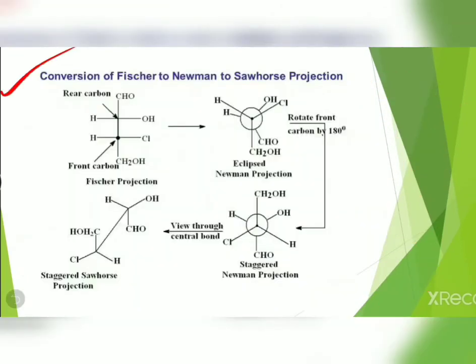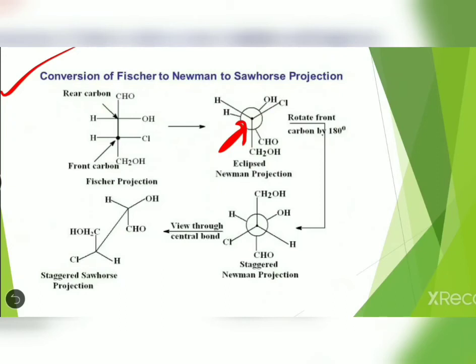So here is an example of conversion of Fischer to Newman to Sawhorse. Here are the two carbon atoms. This is the front carbon atom and this is the rear carbon atom. The front carbon atom is represented by the dot, and the rear carbon is represented as the circle.